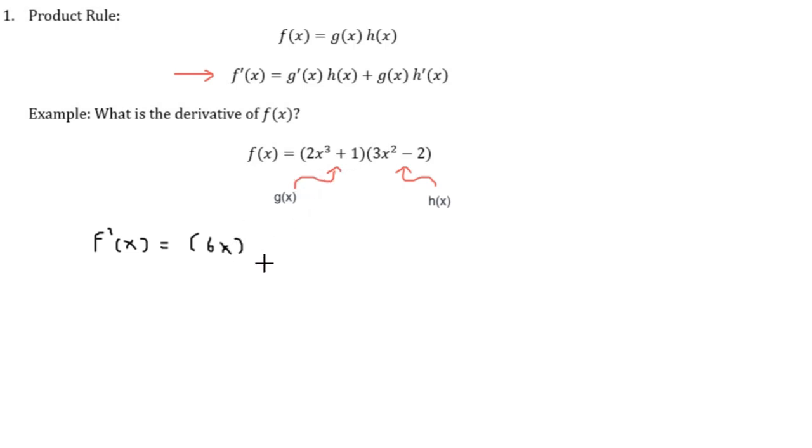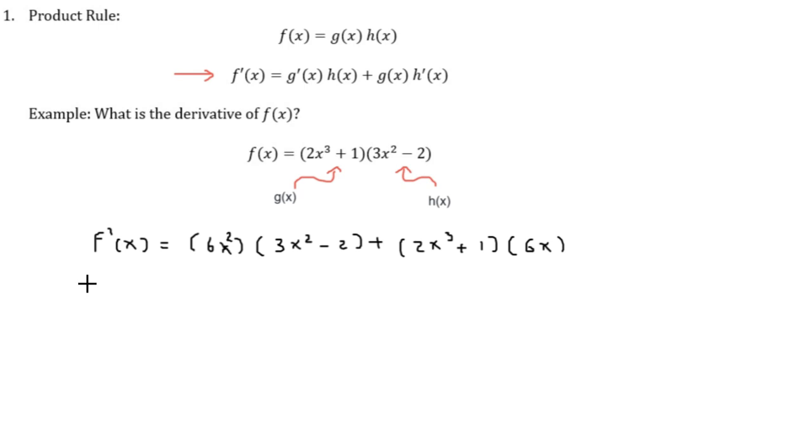I was missing the x squared because we have a cube. And the h of x stays as it is. And plus g of x, we just copy everything down, and h prime, which is actually 6x.